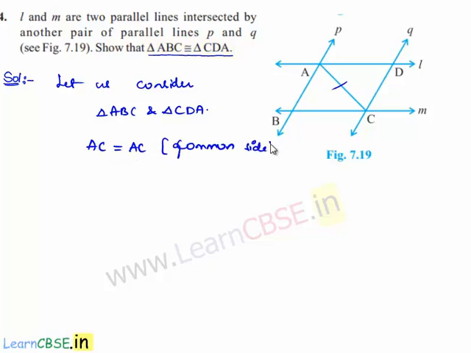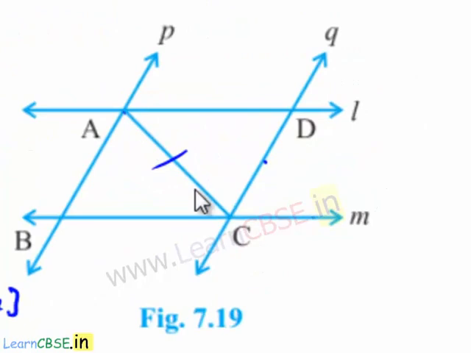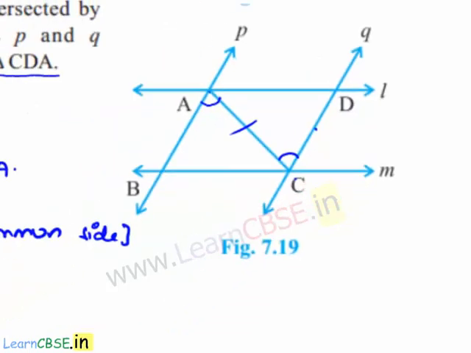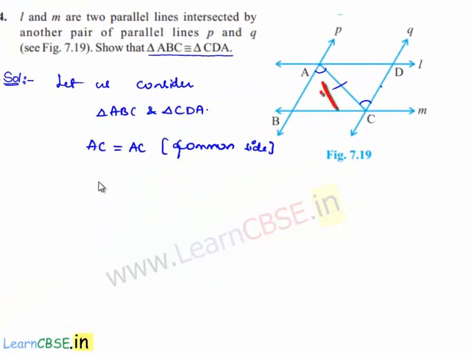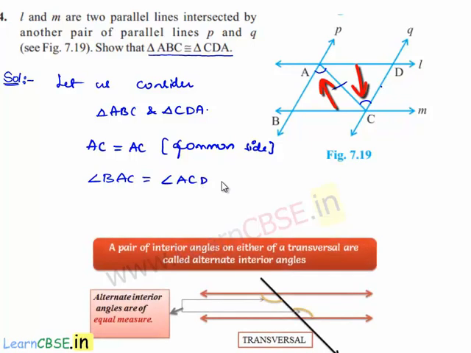Again, if we consider P is parallel to Q and AC as transversal, angle BAC will be equal to angle ACD as they form the alternate interior angles pair. That is, angle BAC is equal to angle ACD as those form the alternate interior angle pair.